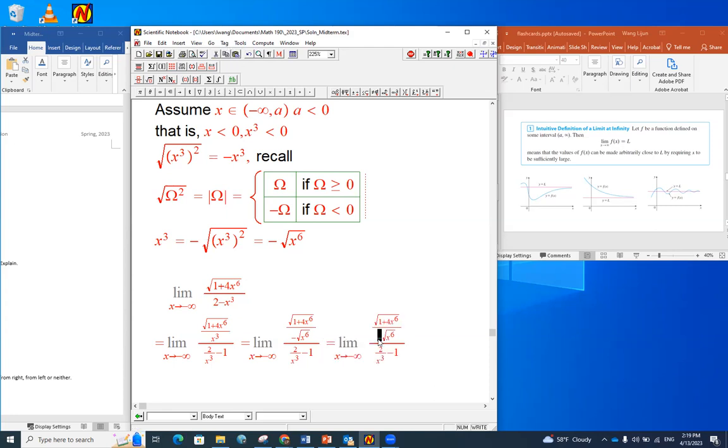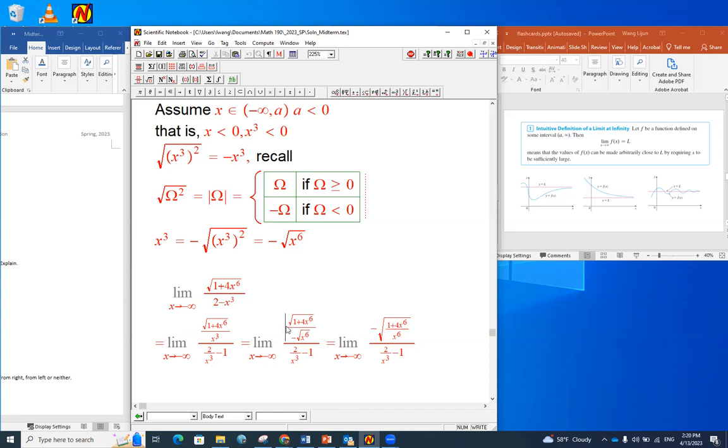This negative sign is going to be put in front, and the square root on top and square root on the bottom, we can bring them under the same square root.